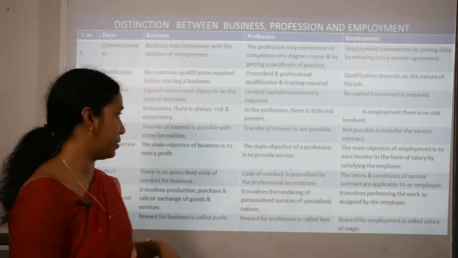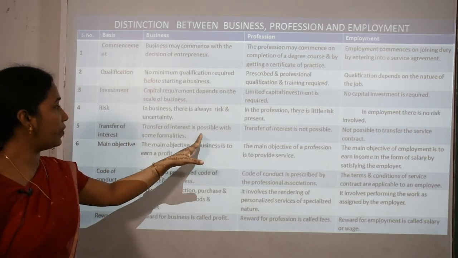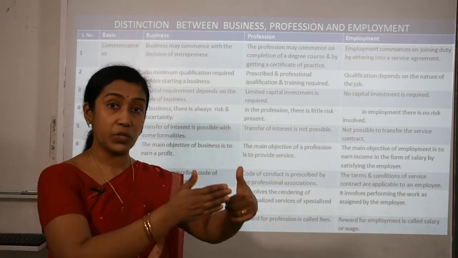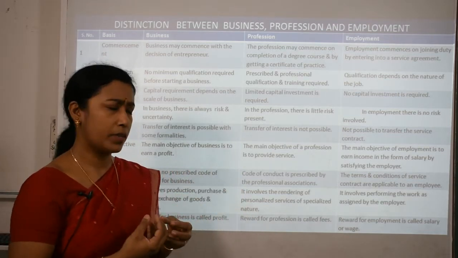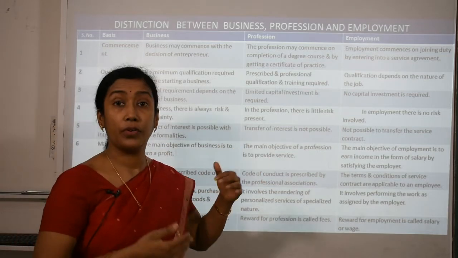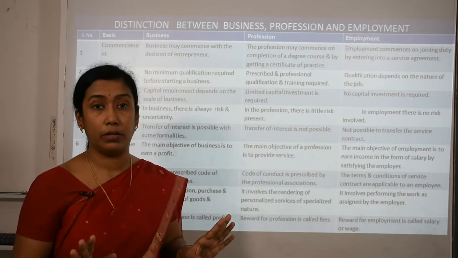So minimum risk. Whereas transfer of interest is possible with some formalities, that is, a businessman can transfer or shift his business or his place with minimum adjustment or formalities. Whereas in a profession, the transfer of interest is not at all possible.